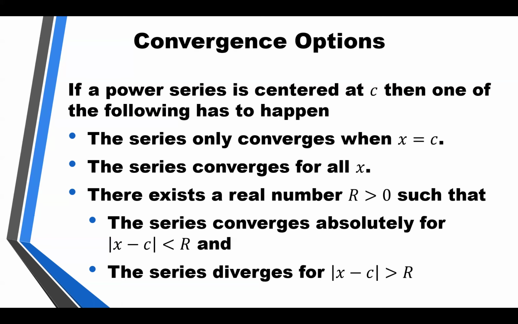The second option is that the power series converges no matter what value of x you put in. So if I put in x of 5 or negative 18 or 136 or 5,800,000, the series will converge. So the series converges for all x is the second option.